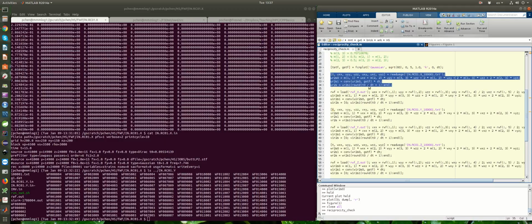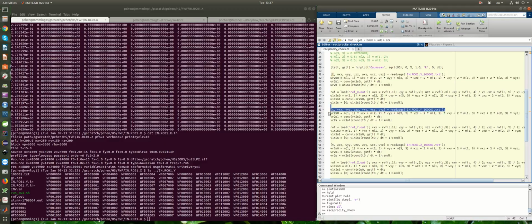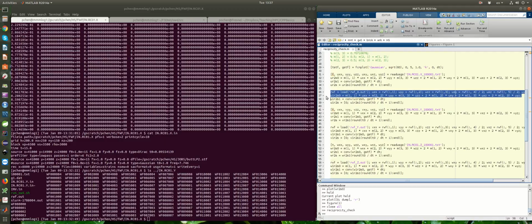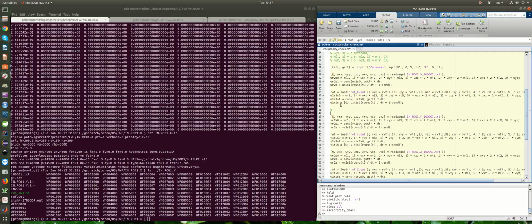So this is reading the strain fields that are computed directly by SW4 as one of its outputs. This section of the code, this section, and this section are for the x, y, and z directions. And for each of the sections, I still have this code, so maybe I should just add a comment.